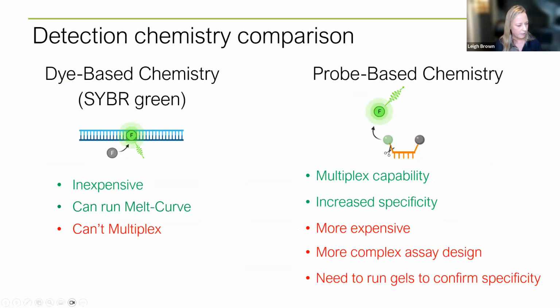You're going to just put a different fluorophore on different oligos there. It's more specific. You're creating that oligo based on your target molecule. And as you might imagine, these are more expensive and a little bit more complex of a design. At the end, you're going to need to run an agarose gel to confirm the specificity here. So you can't do a melt curve on this one.